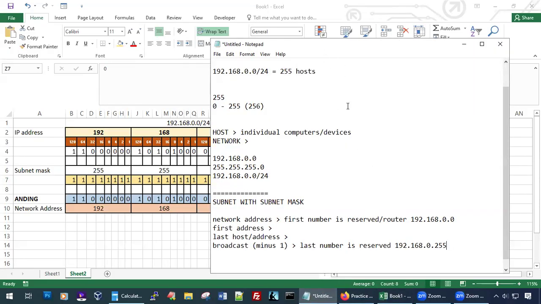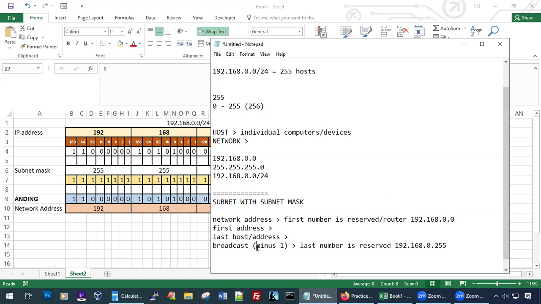So again, to be clear, since we have 0 to 255, which gives us 256 numbers, the first number is reserved and the last number is reserved. So right here, this is the first number in that range, 0, and the last number is 256.